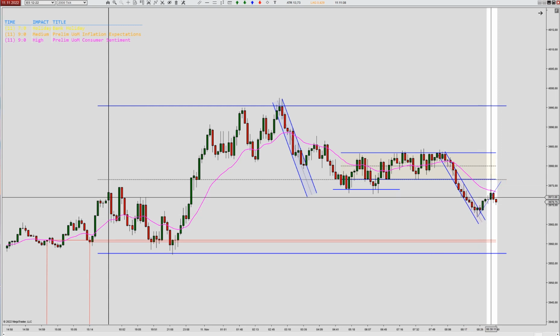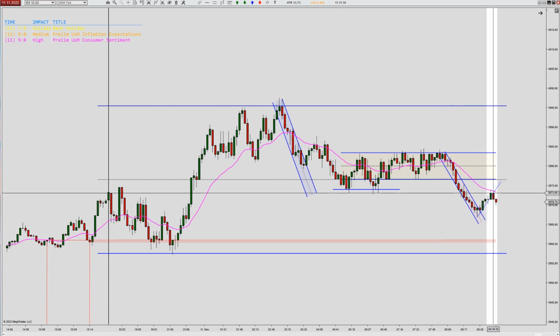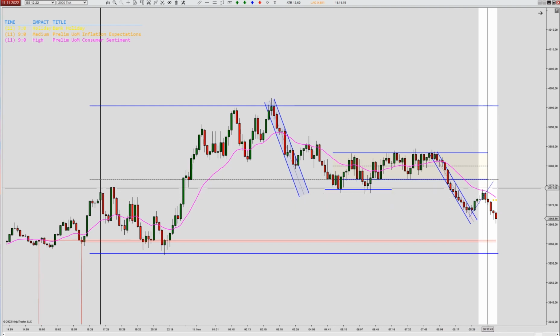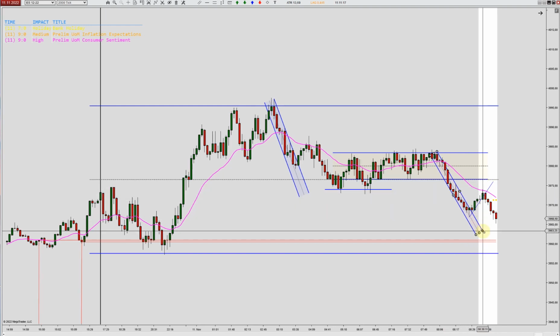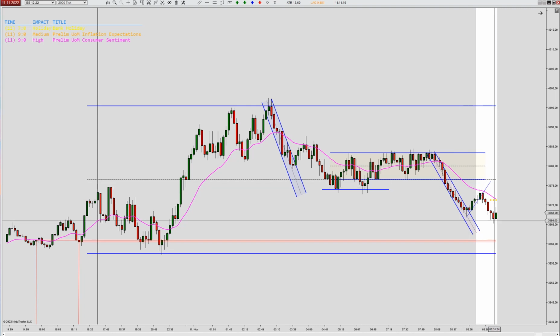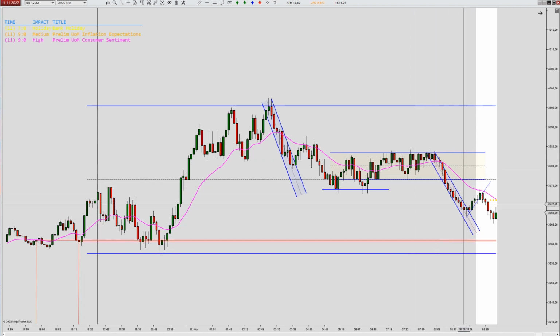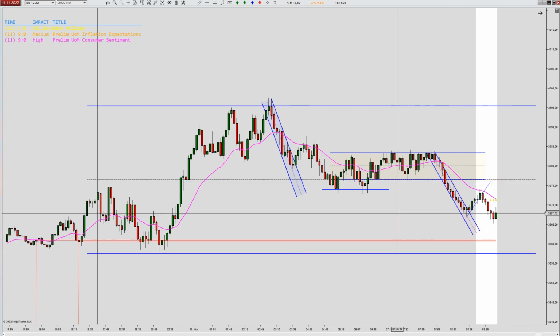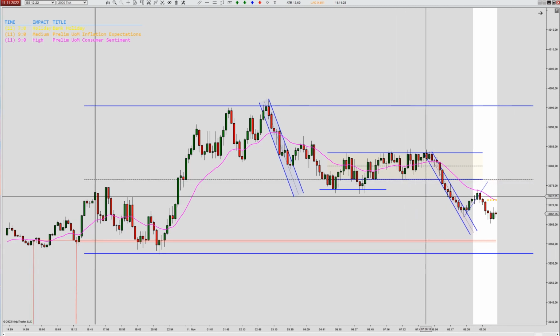We have a shorter term channel working higher here, first break, but no retest of this. So right now I'm just waiting. There was no potential short setup here, and we have a retest of the lows. So this shorter term channel played out for me, and I'm now waiting for more price action.